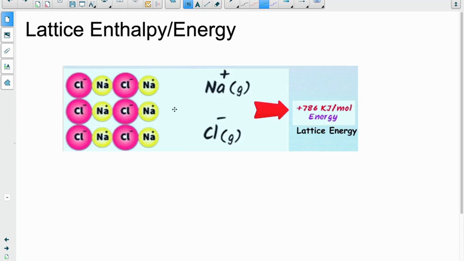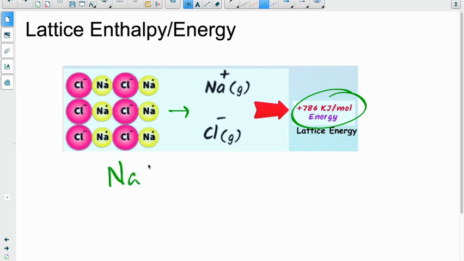Lattice enthalpy is described as how much energy is needed to take 1 mole of an ionic solid and convert it into its gaseous ions. In this case, we have a sodium chloride lattice, and I'm converting it into gaseous ions. As you can imagine, this process is endothermic, and here's the amount of energy that's required.